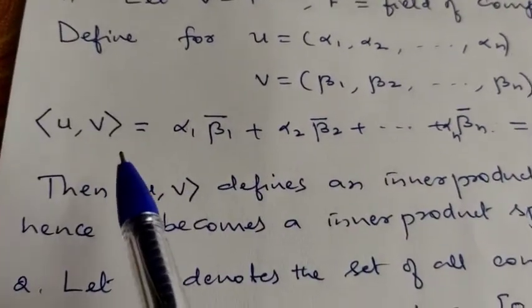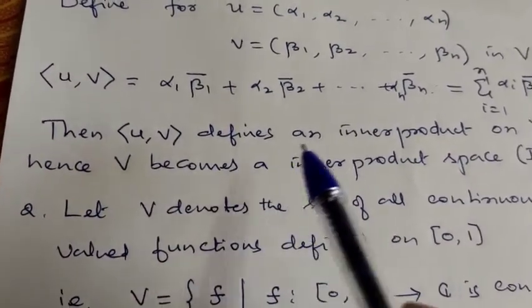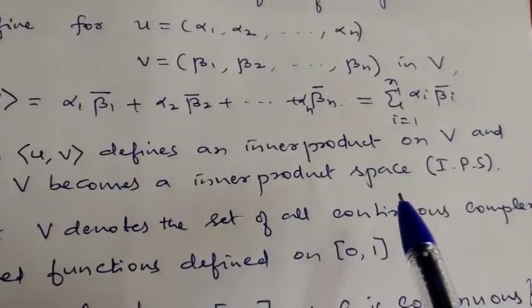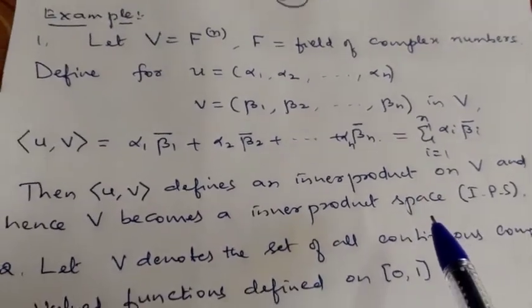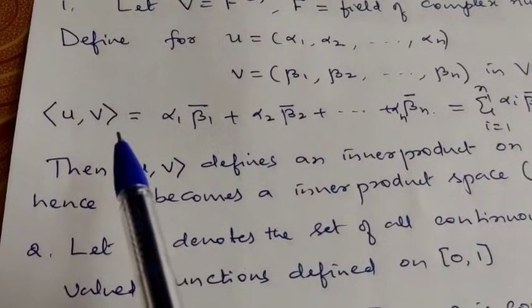If we define an inner product like this, then what will happen? Then (u, v) defines an inner product on V, and V becomes an inner product space. We can verify the properties of an inner product using this function.